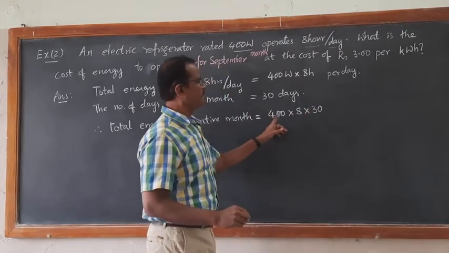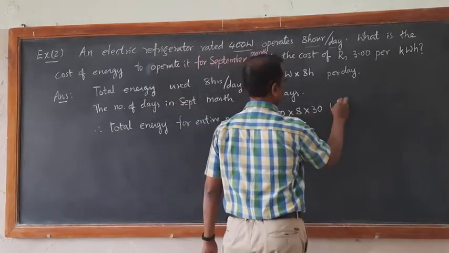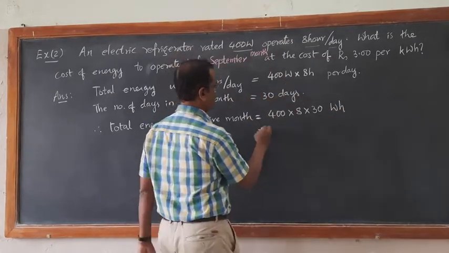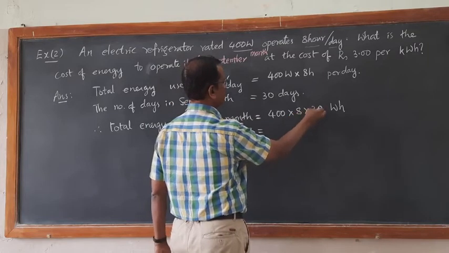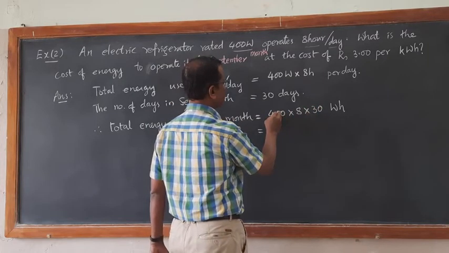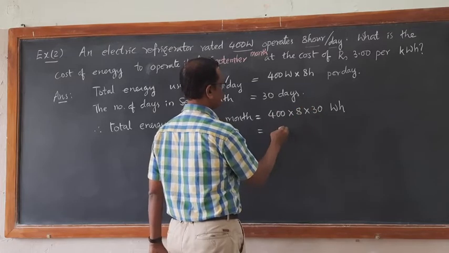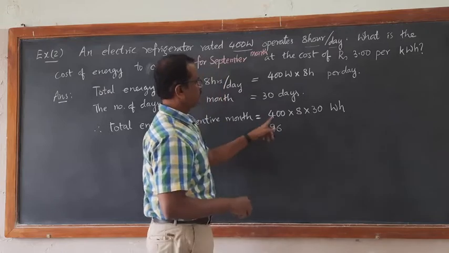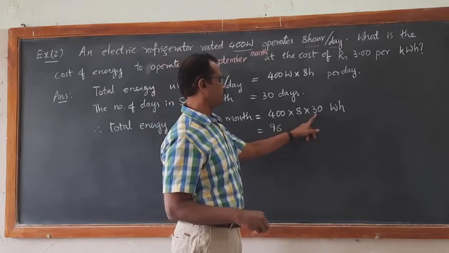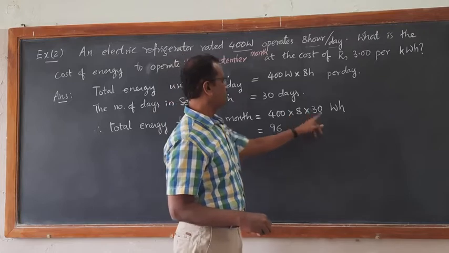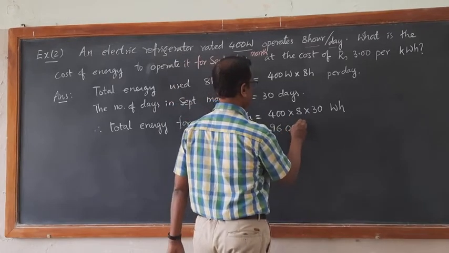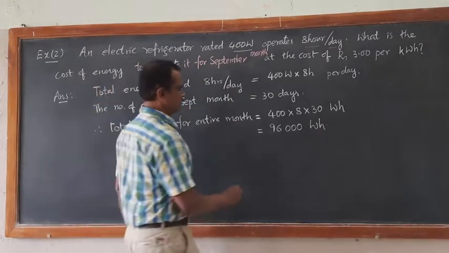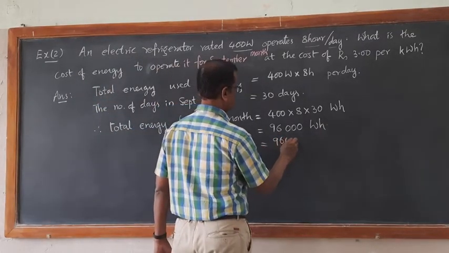So many watt hours. This is giving you watt hours. Now just multiply: 8 4s are 32, 32 3s are 96. That gives 96000 watt hours, but we have to convert into kilowatt hours. So divide it by 1000.